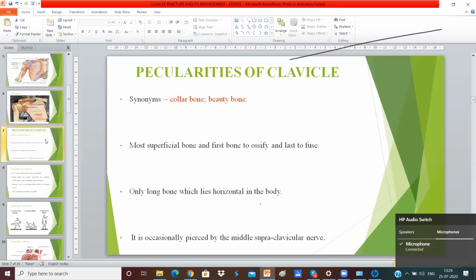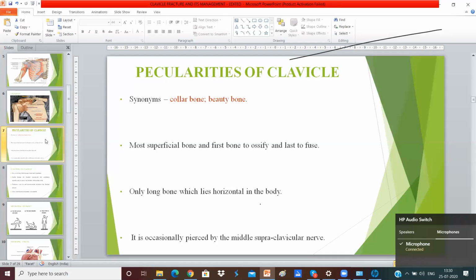So what are the peculiarities? Often there is a question. It may come in your entrance also, or earlier in anatomy you must have learned about the peculiarities of the clavicle. It is also known as the beauty bone or the collarbone. As I said already, it is very superficial and subcutaneous. An interesting point in the ossification is that it is the one bone which ossifies early and also fuses late.